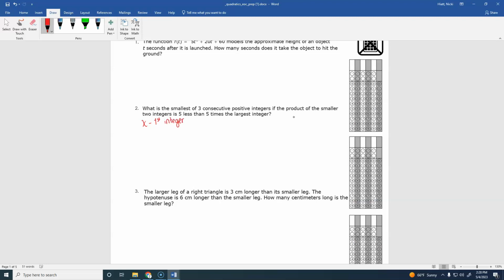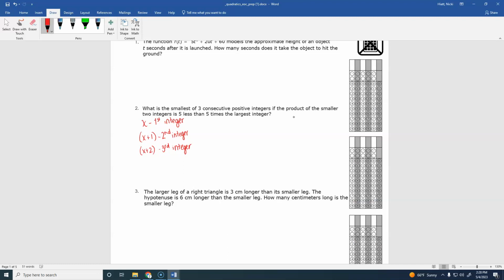So what would the second one be? It'd be x plus 1. Technically, you can do minus 1 as well. And then x plus 2. So this would be our second integer and our third integer.